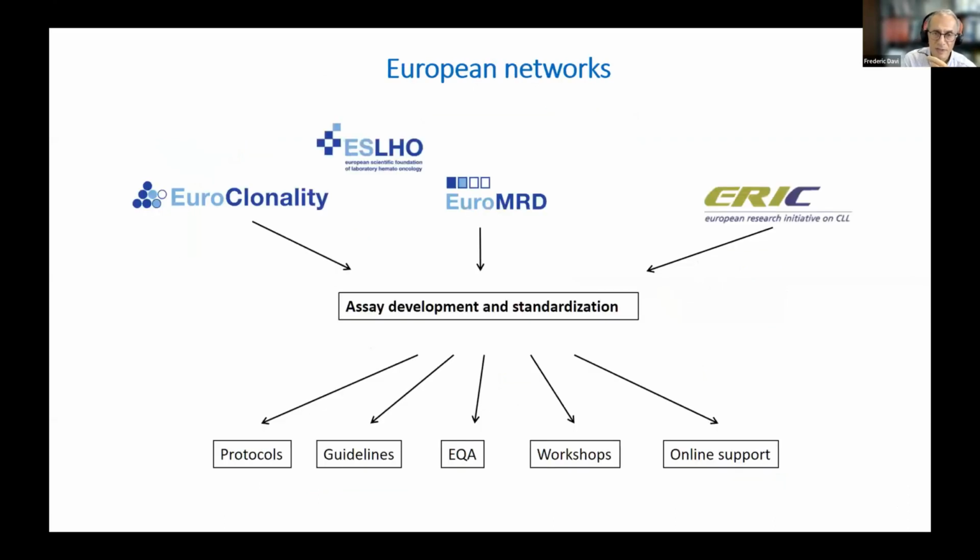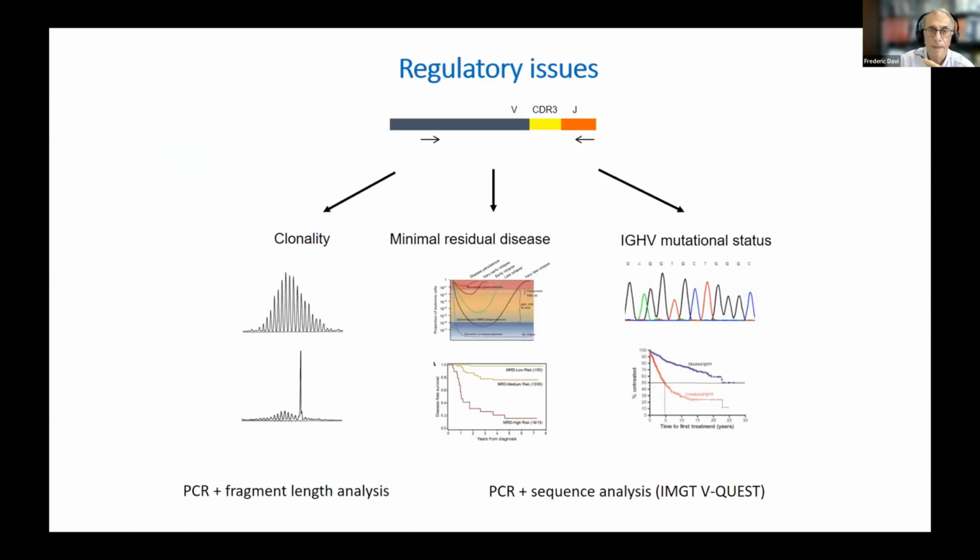So these European networks provide assay development and standardization, so protocol guidelines, but they also have external quality assessment sessions, workshops to train new investigators. And there's also online support when somebody in the lab has a problem, either doing an experiment or interpretation.